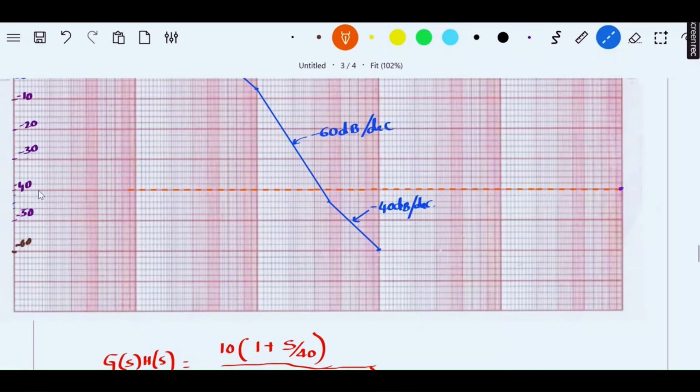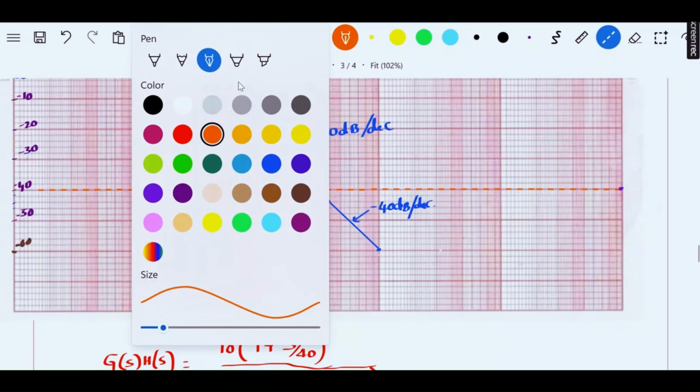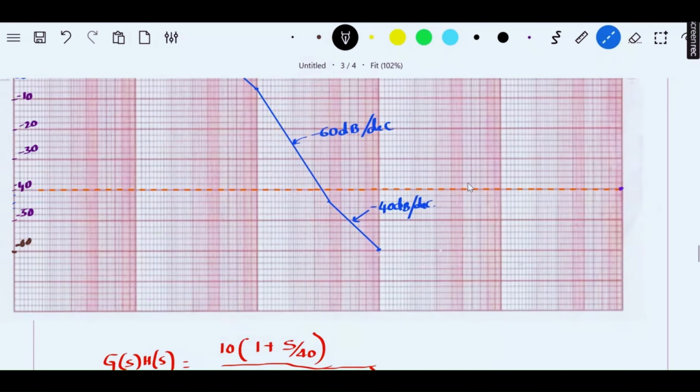So this is my minus 180 degree line. Let me write that: minus 180 degree line.